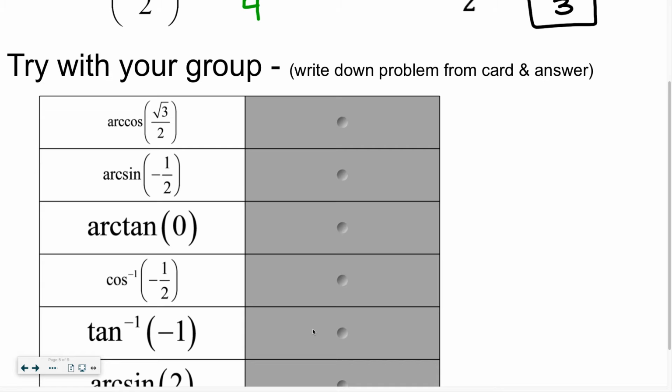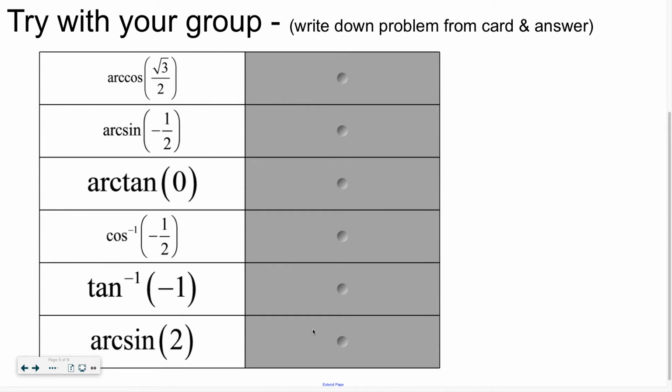I would write a few of these down in your notes as extra examples, so you know how it works. Does every group have a set of cards? Answers are on the back, so you can check it. And that way you can call me over if you have any trouble.